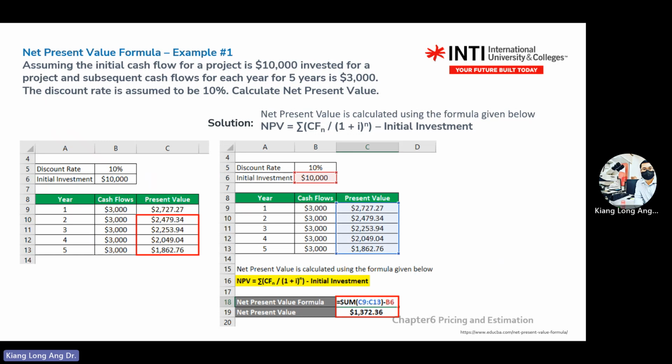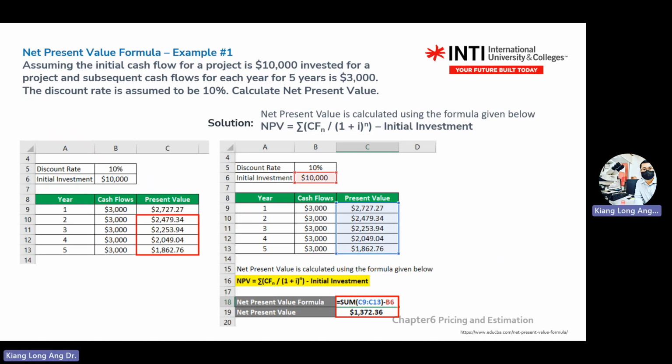You take all this value minus this one. You get the net present value, 1,000 something. So this is the format that is expected in your final exam or your test 2.